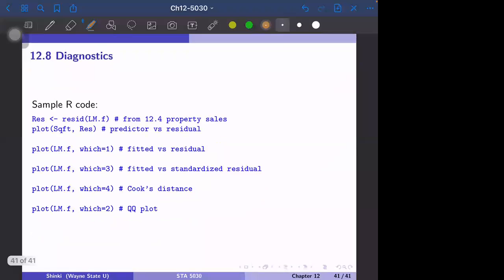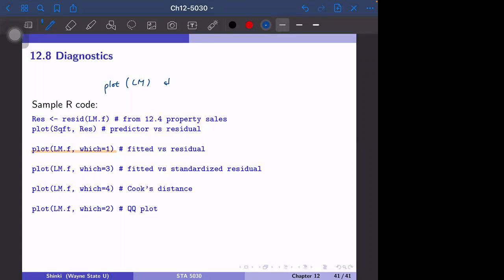And those figures are made by just the plot of the linear model object. If you type plot of the lm object, then the figures that I have shown appear one by one. Once you click the plot and you enter, then the first plot appears, and you type the return key, then you will get another plot, and so on.